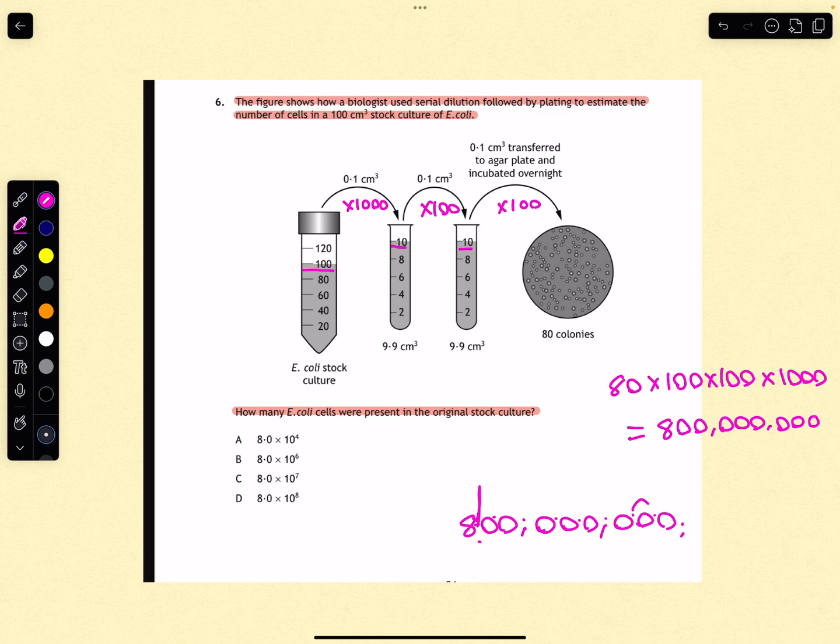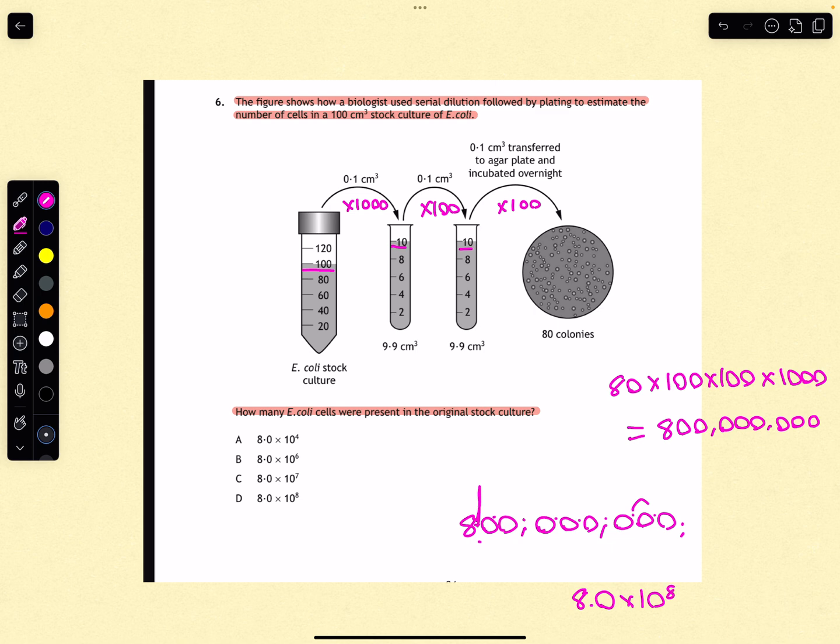So we've moved that point there to get it into scientific notation, and as we had to move that point 8 times, that's going to give us the final answer of 8.0 times 10 to the 8.